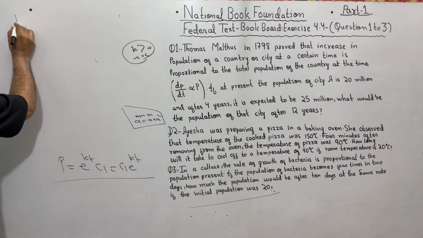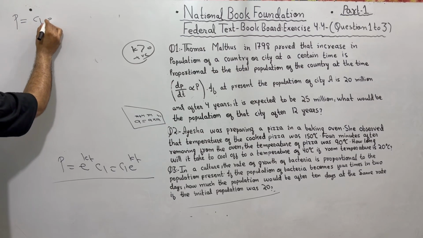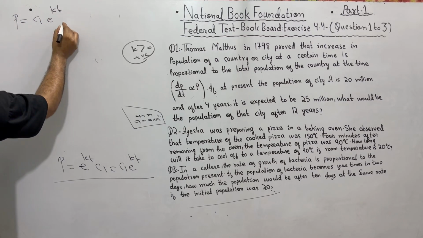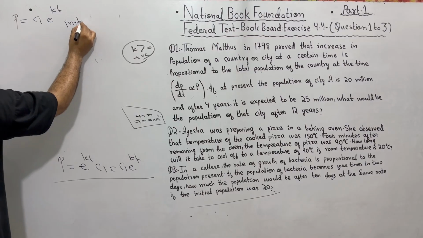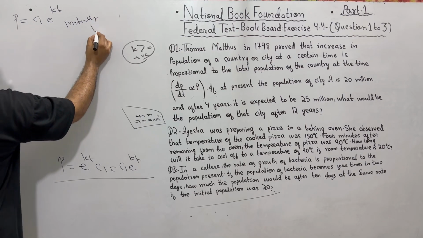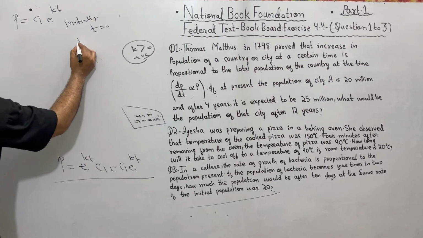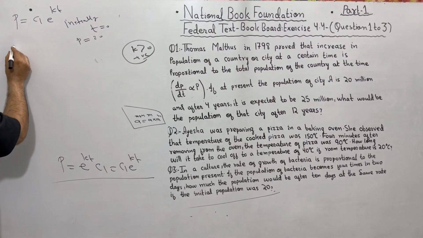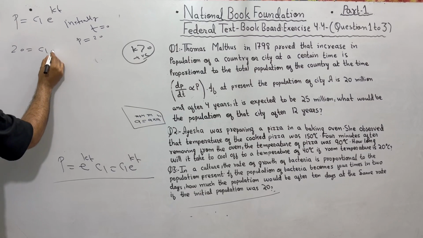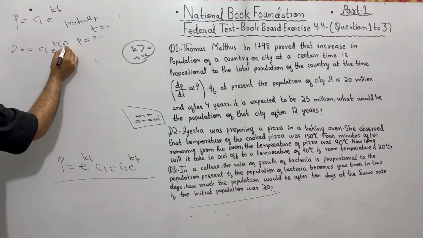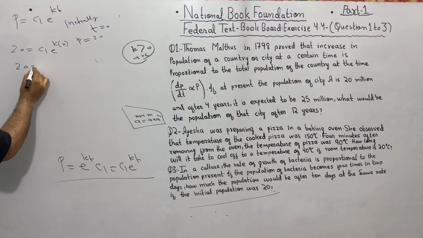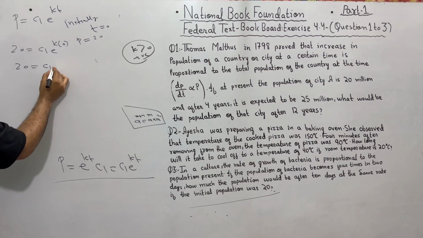I have p is equal to c1 e raised kt. Initially means t is equal to 0. Initially population is 20. It is given to us. So 20 is equal to c1 e raised k times 0, which is c1 times e raised 0.